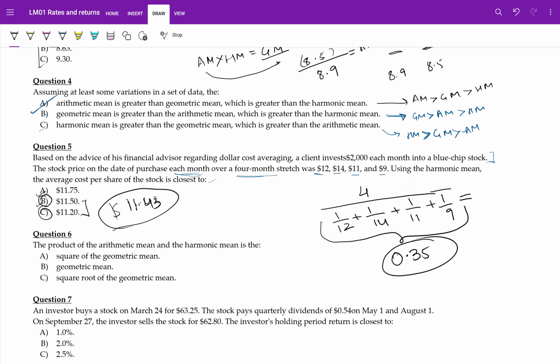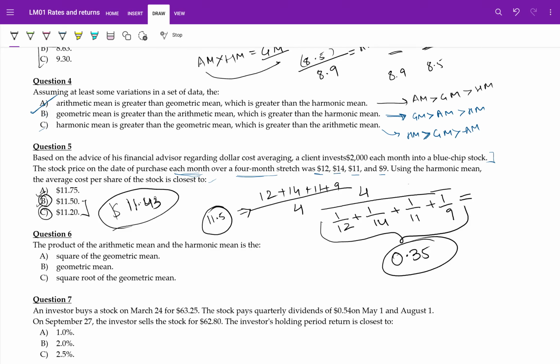And if we look at the arithmetic mean of all these four values, 12 plus 14 plus 11 plus 9 is 46. If we divide it by 4, the value is 11.5. So the arithmetic mean is going to be 11.5.